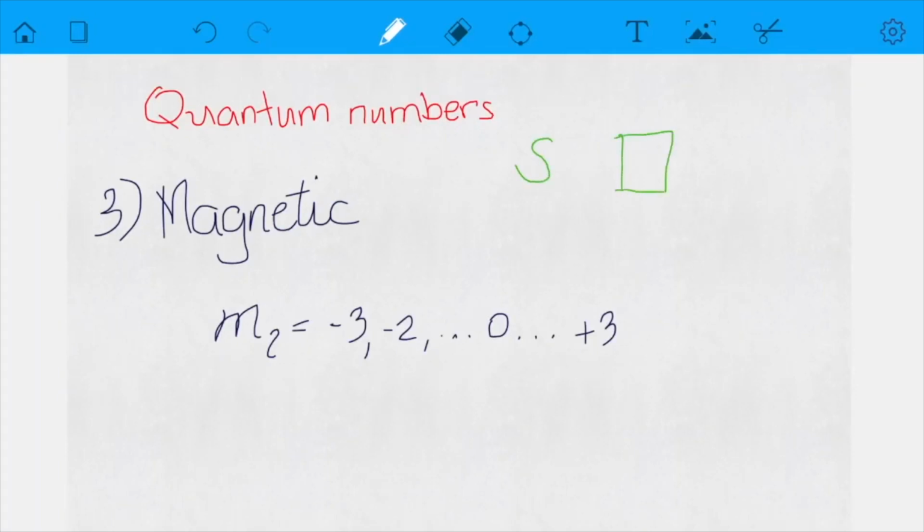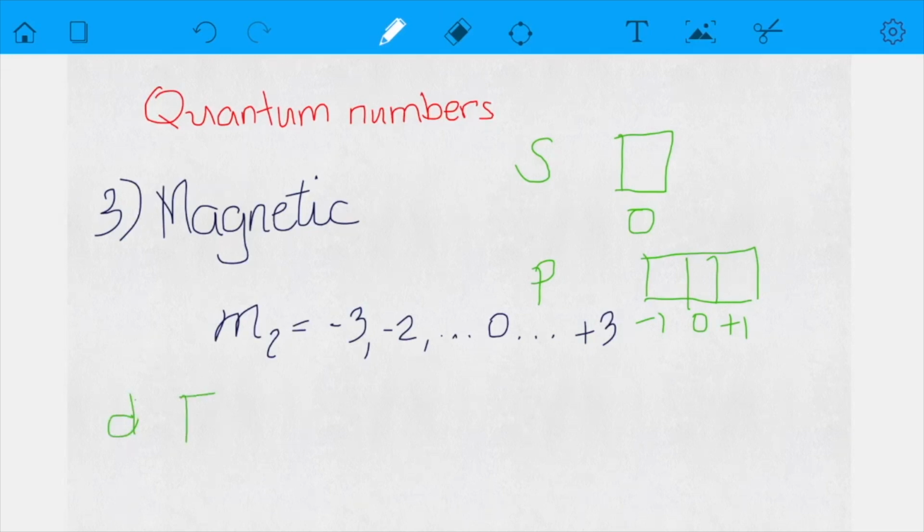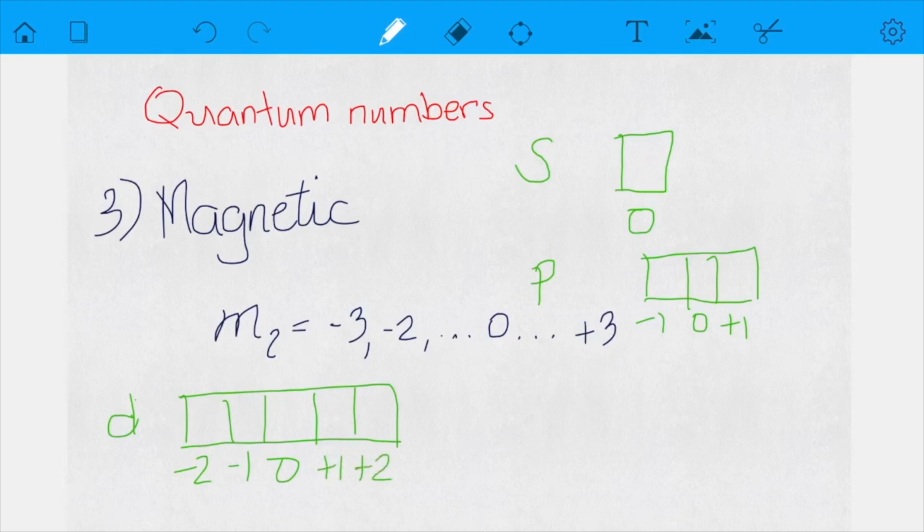As I said a while ago, S has only one orbital, so its magnetic quantum number is only 0. P has 3 orbitals, so it is negative 1, 0, and positive 1. In the case of D, you have 5 orbitals, so that is equivalent to negative 2, negative 1, 0, positive 1, and positive 2.